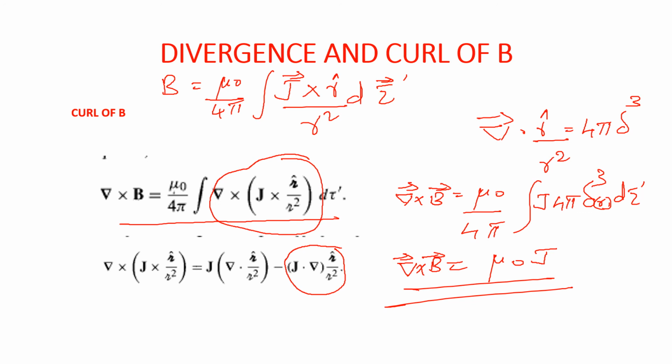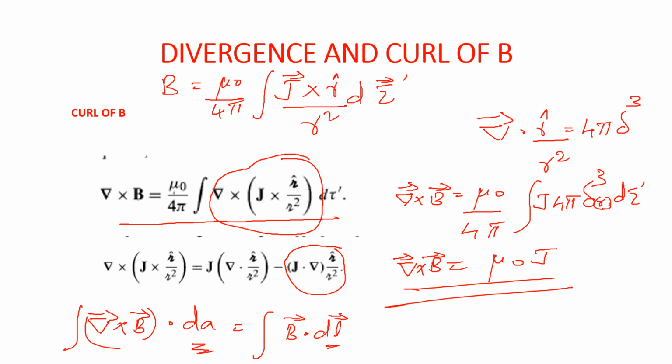We already derived this del cross B equal to mu 0 J from Ampere law. In reverse also we can do it. So how can we derive the Ampere law from here? Just by taking the integral of del cross B dot dA, by applying the Stokes theorem, we can change the area integral to a line integral, integral B dot dl.